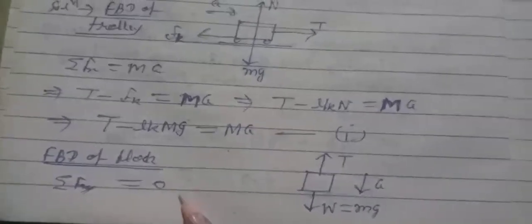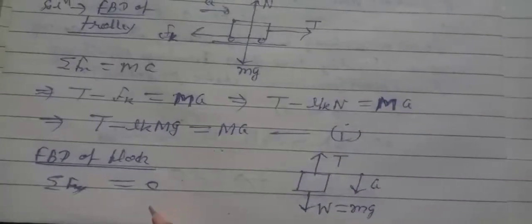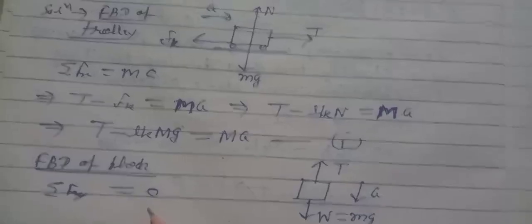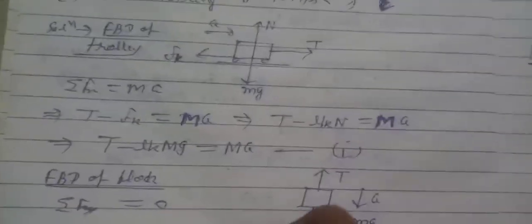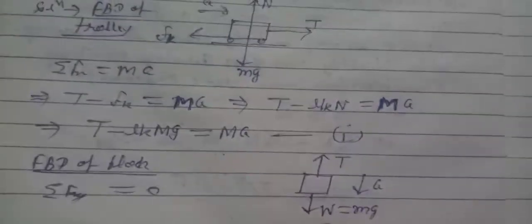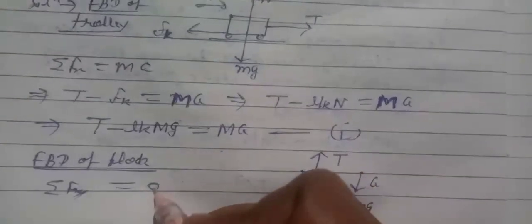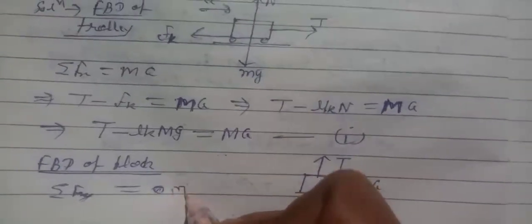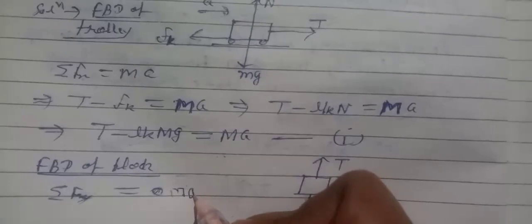So we can write the equation of motion as sigma Fy equals m into a.